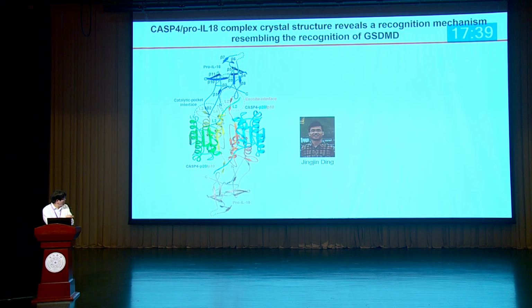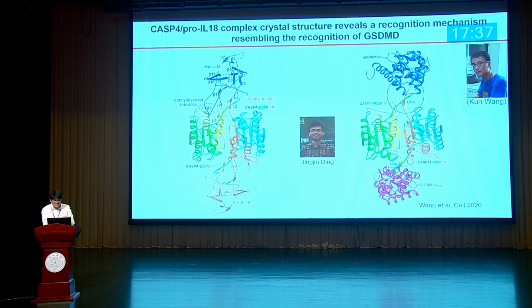This enzyme-substrate recognition mechanism is reminiscent of caspase 4 recognition of gasdermin D, the other substrate of the cytosolic LPS receptor caspase 4. The inflammasome-activated caspase 4 also uses this little beta sheet to recruit gasdermin D.